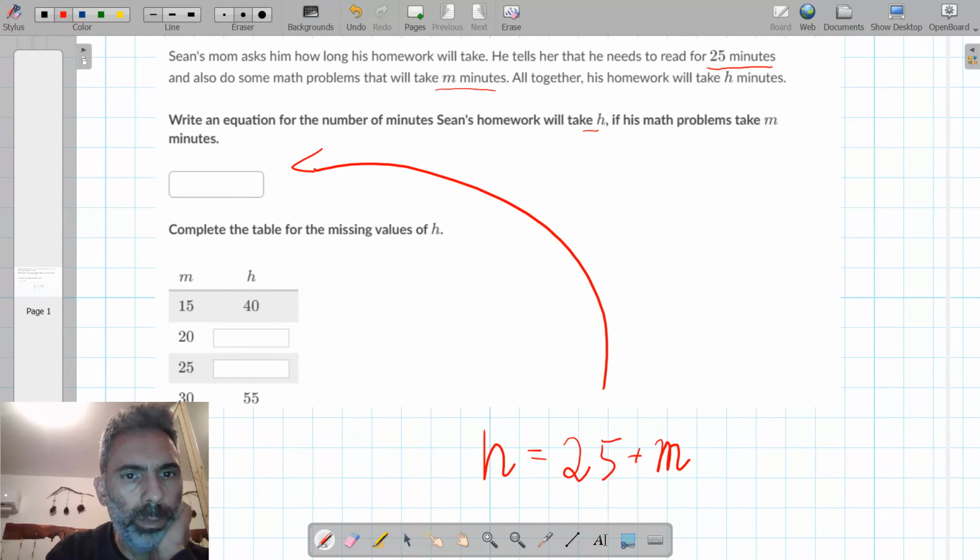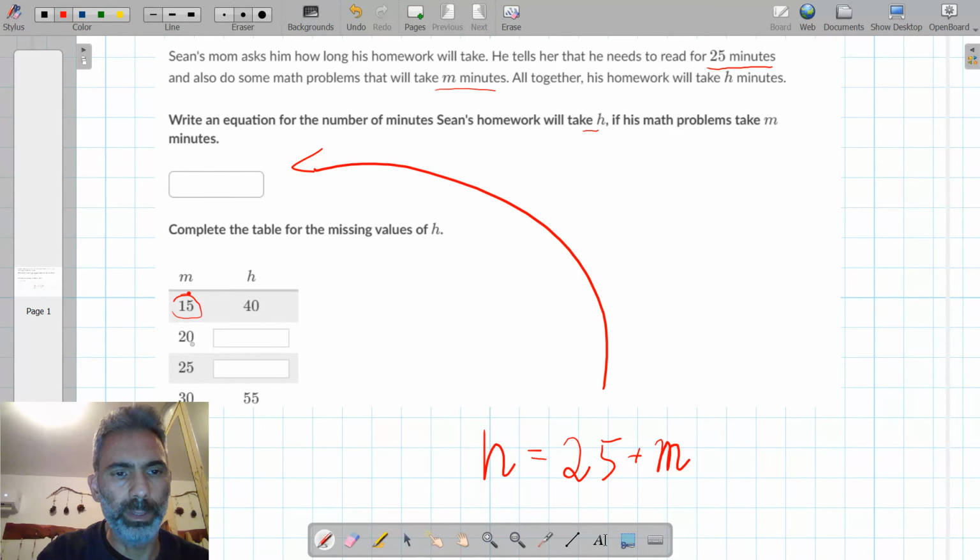Complete the table for the missing values of h. So we see here that if he spends 15 minutes solving math problems, 15 plus 25, which is the time he spends reading, gives us a total of 40 minutes he spends on homework.